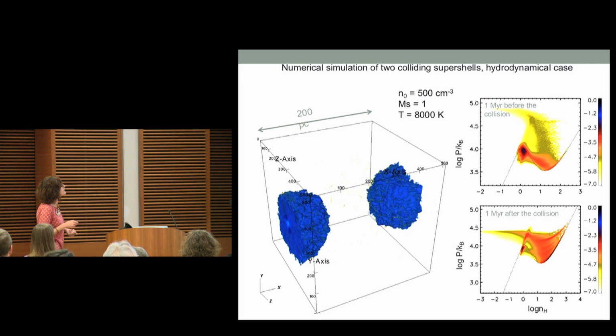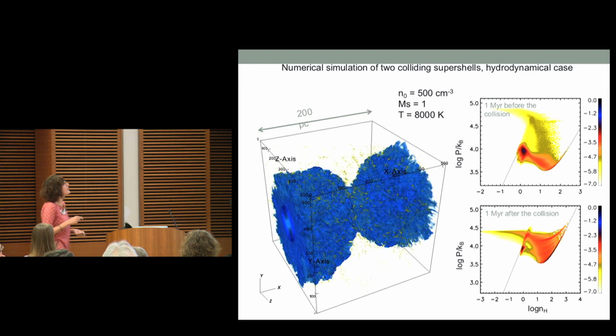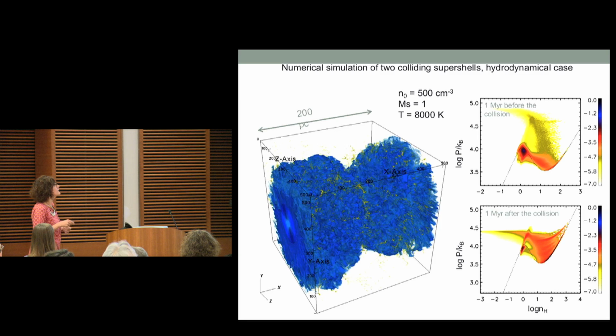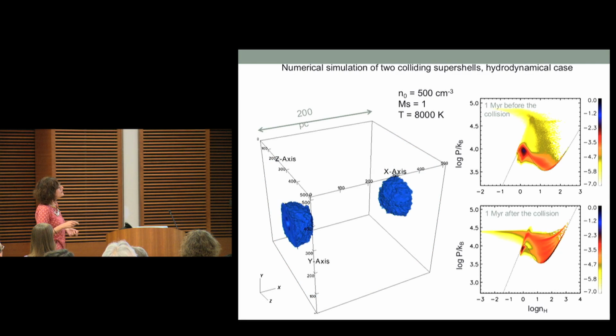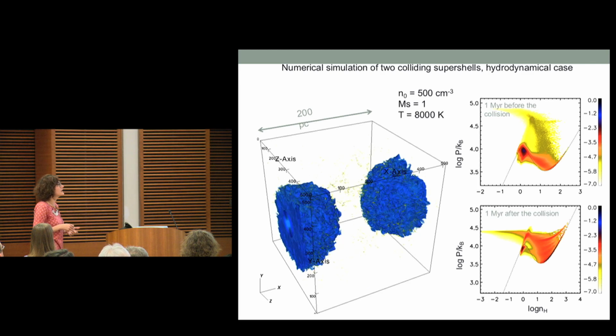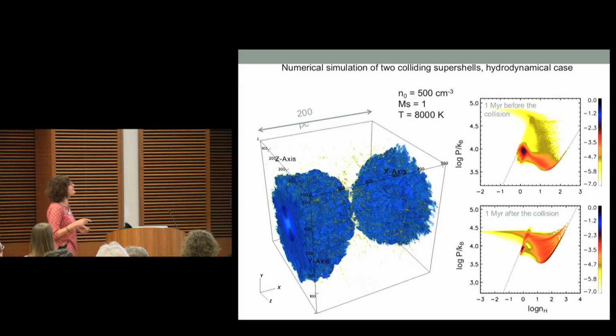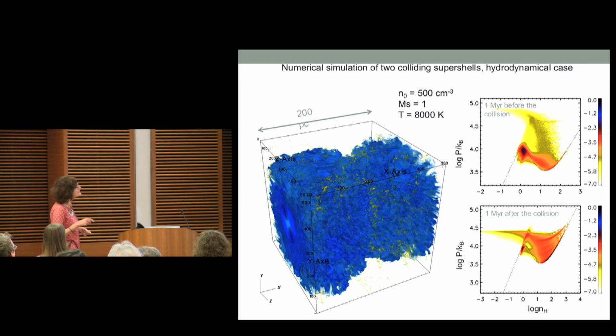Now in 3D, it looks quite similar. This is a 200 parsec box with a mean density of 500 per cc. And here we have introduced some turbulence. On the right, I'm showing you the thermal state of the gas in these 2D histograms of log pressure and log density.